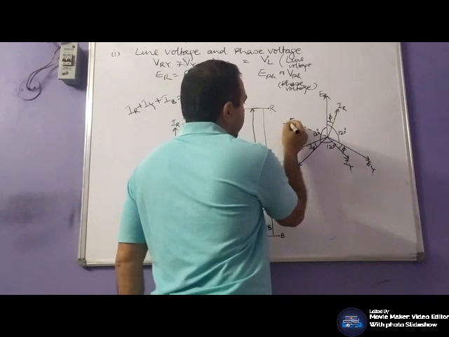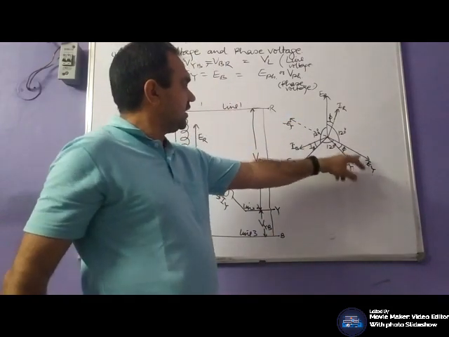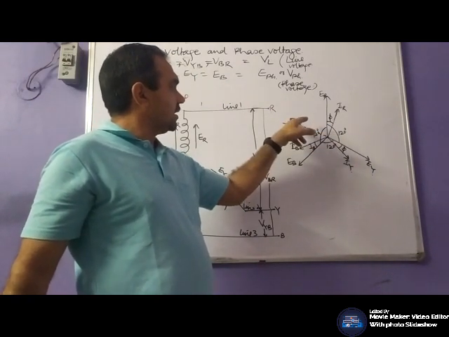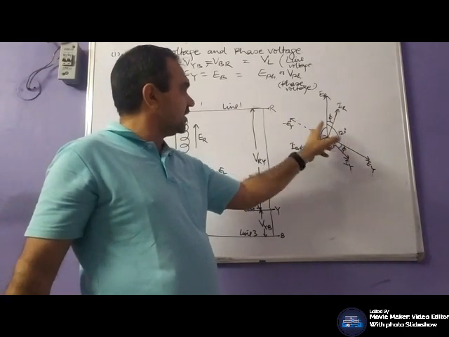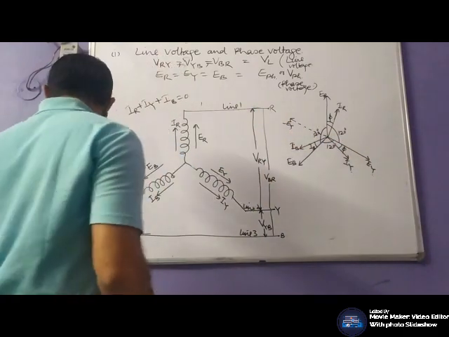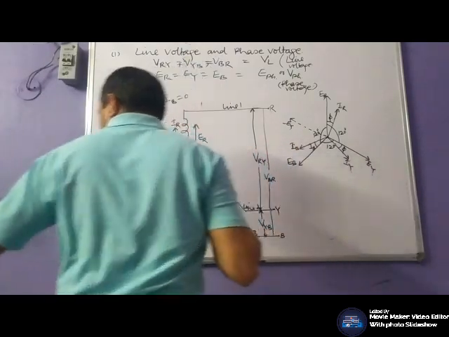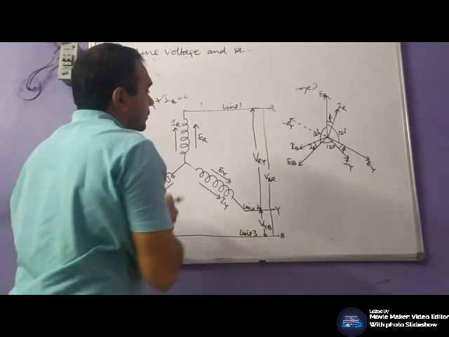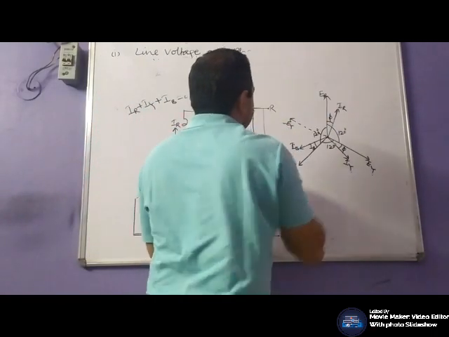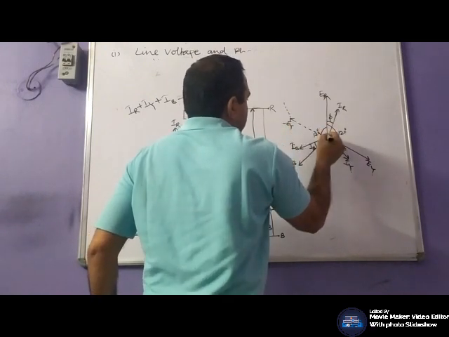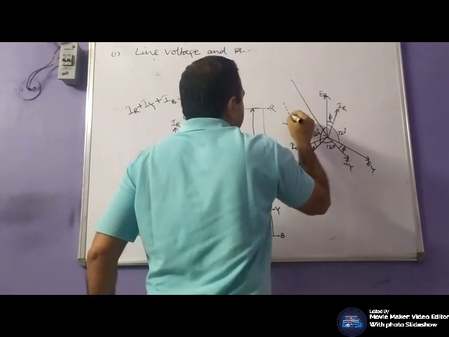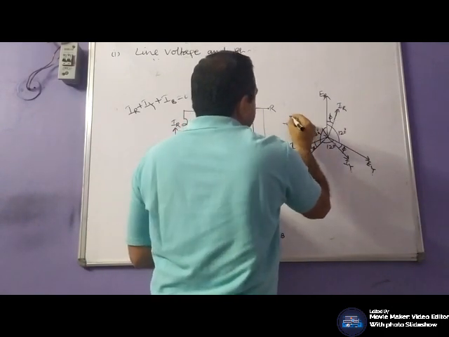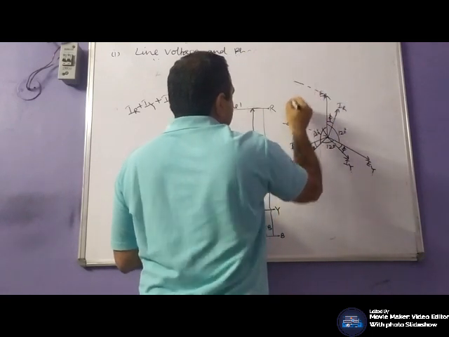So this will be represented by EY, after a phase displacement, or in phase opposition. We just extended it in the opposite direction. And for VRY, draw the parallelogram.